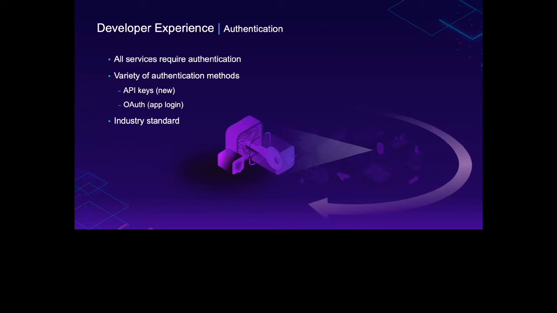Now, API keys may not be for everyone, so you can use OAuth application credentials, perhaps because you prefer the additional security that OAuth provides. So the ArcGIS platform gives you the flexibility to make choices based on your needs, which could include the effort to implement, ease of use, and level of security. But regardless of which option you choose, we've got you covered when it comes to authentication.